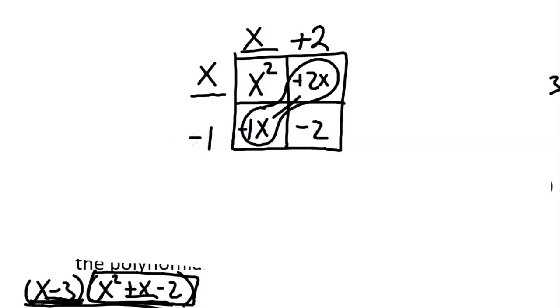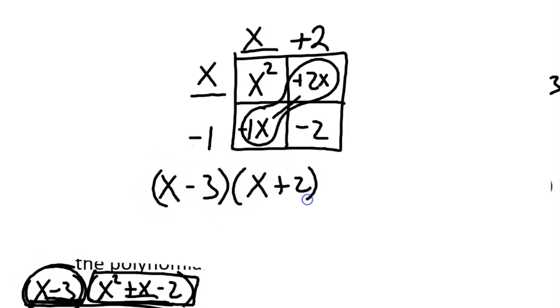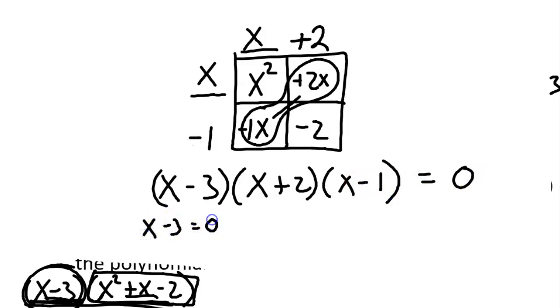All right, cool. So now I've got x minus 3 and the trinomial just factored into x plus 2 and x minus 1. Now if you want to find the rest of the roots, you just set this thing equal to 0 and you solve it. So x minus 3 equals 0. We know that's going to give us x equals 3. We already knew that one.